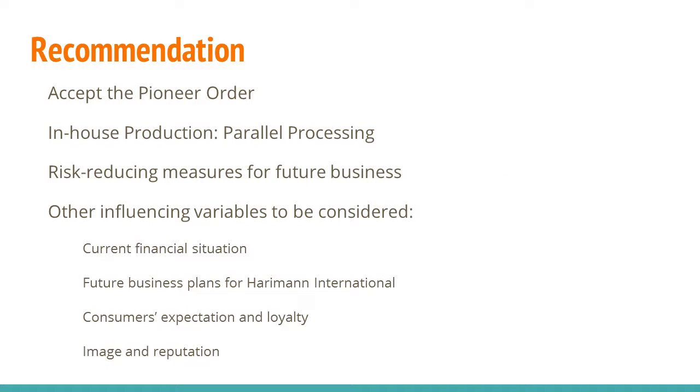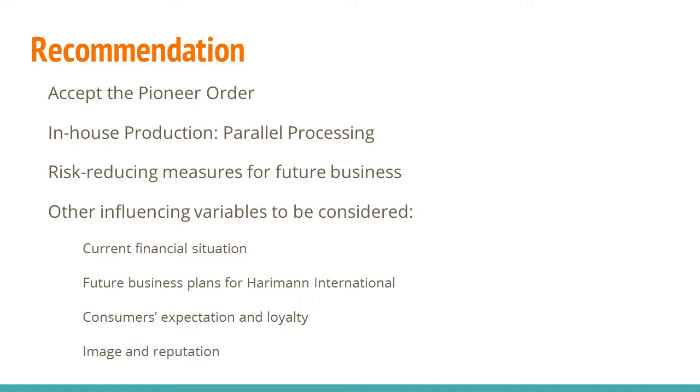Here are our recommendations. We recommend that Dawan accepts the Pioneer order. Pioneer has been a loyal and valuable customer, and a bad business deal or failure to deliver on Pioneer's order could result in a bad business relationship.